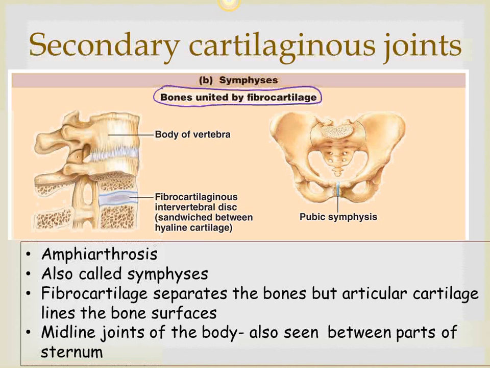So that's why we also call them amphiarthrosis, which means partially movable. Another name for these joints is symphysis. So singular is symphysis, plural is symphyses. So when I'm talking about many of these, they are symphyses. These joints are also known as symphyses or symphysial joints.